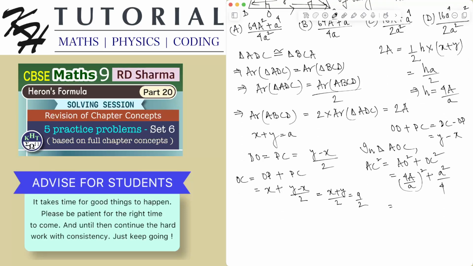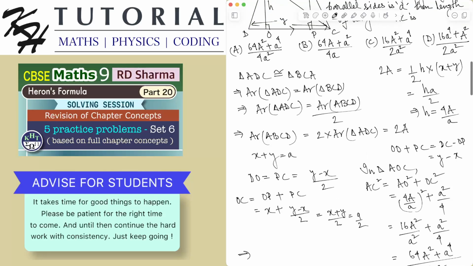If I simplify this, this is 16A square by a square plus a square by 4. If I simplify this, 64A square plus a to the power 4 divided by 4a square. So AC square is equal to this.